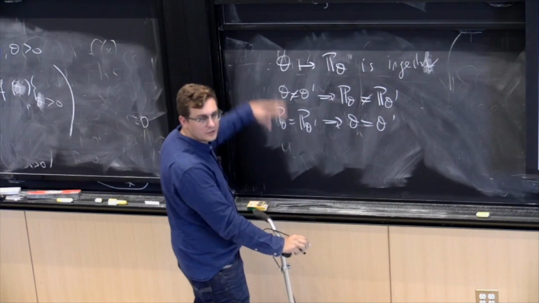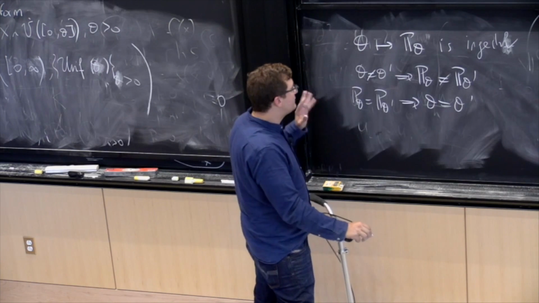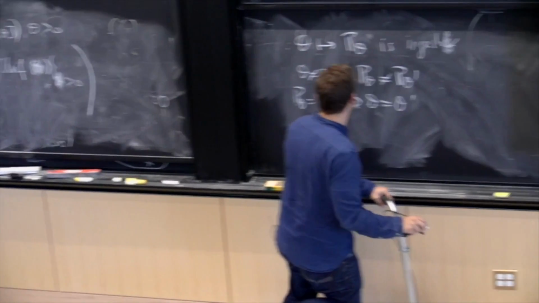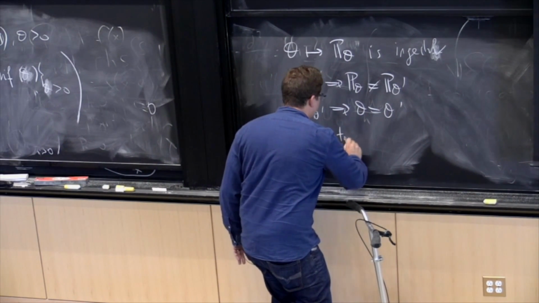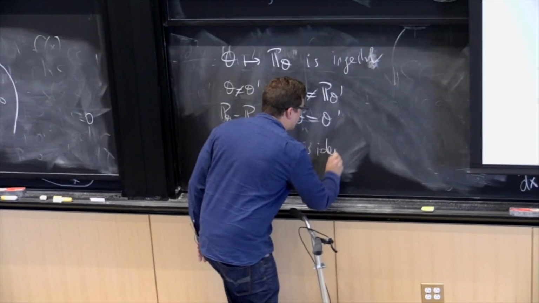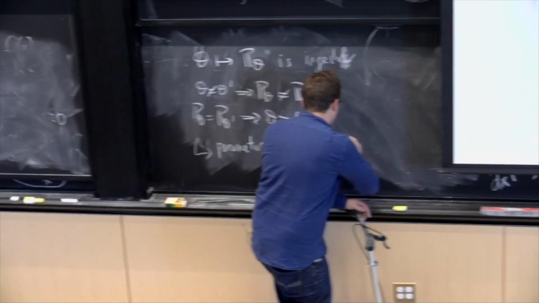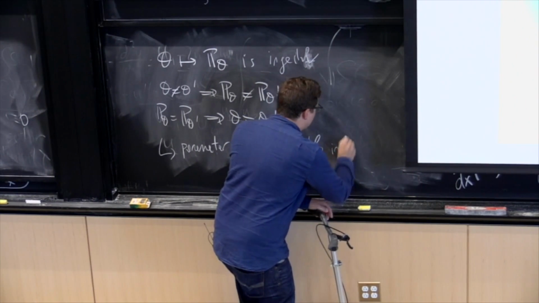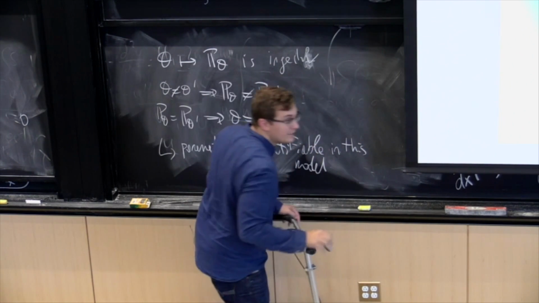Right? In logic, those two things are equivalent, right? So that's what this means. That, so this is, we say that the parameter is identifiable or identified, doesn't really matter, in this model. Okay?